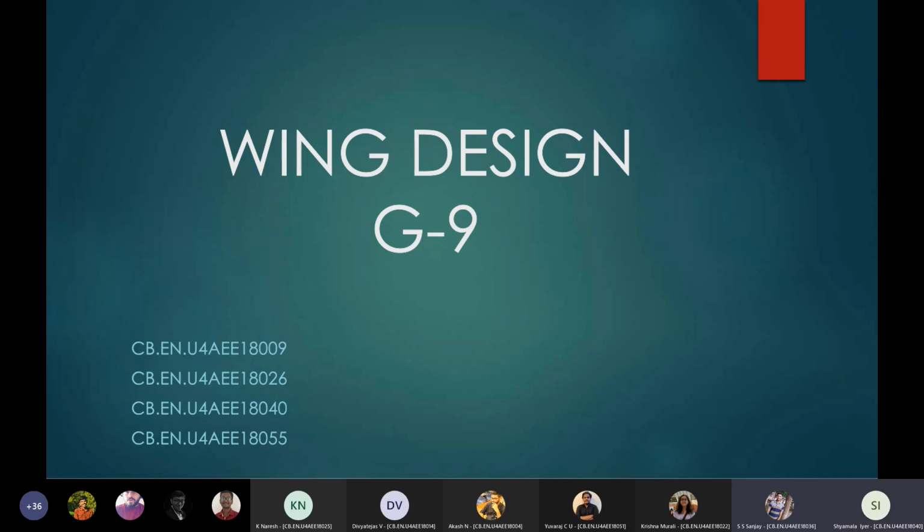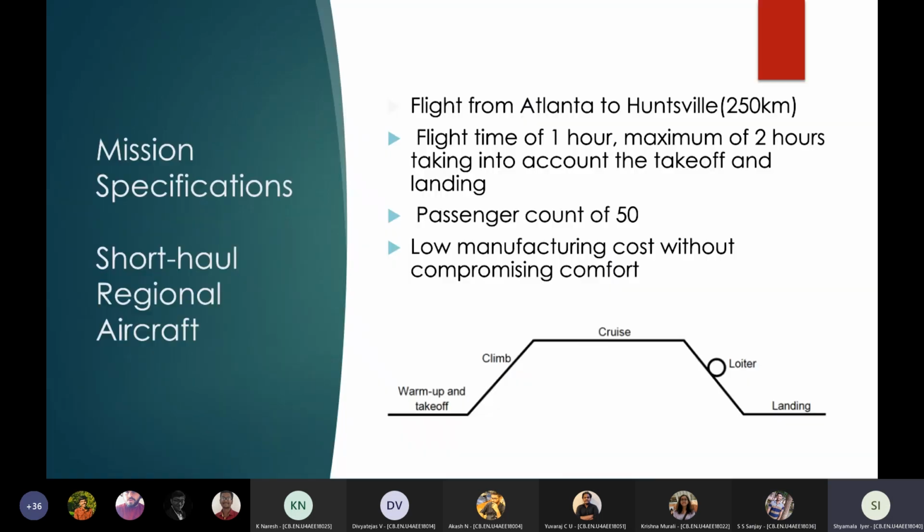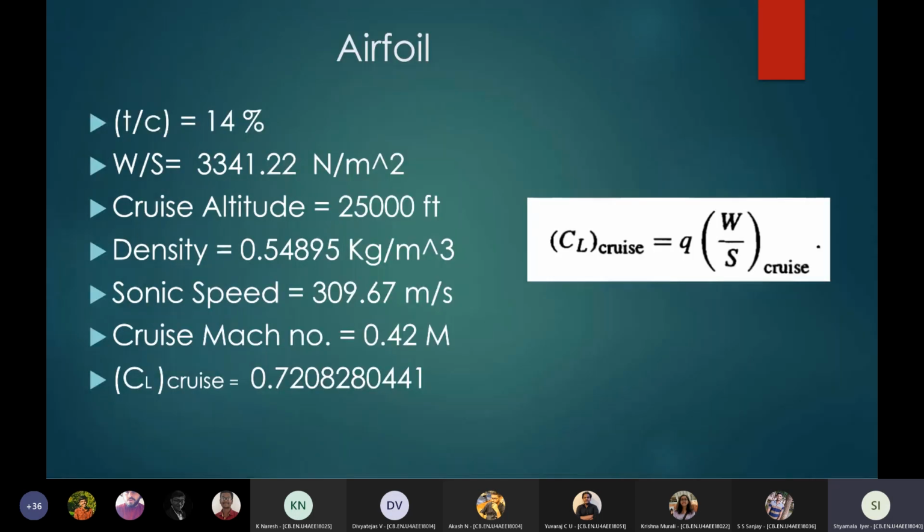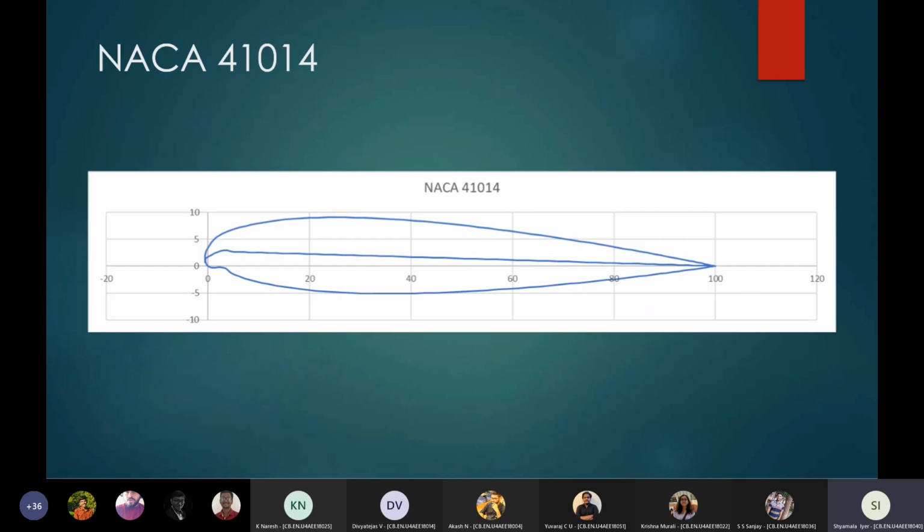Okay. I will be presenting today on behalf of my group, which contains Satya, Nitin, and Raj. So these are our mission specifications. We had a short-haul regional aircraft, and we came up with this airfoil. After getting the sonic speed, we calculated CL cruise, and then our airfoil was plotted as such.